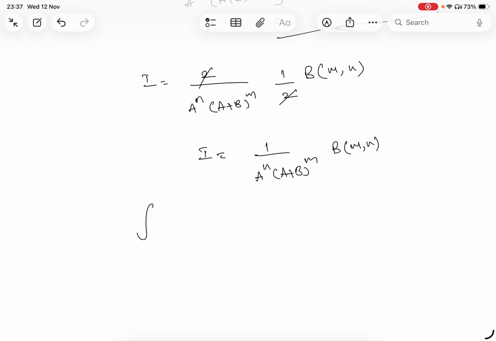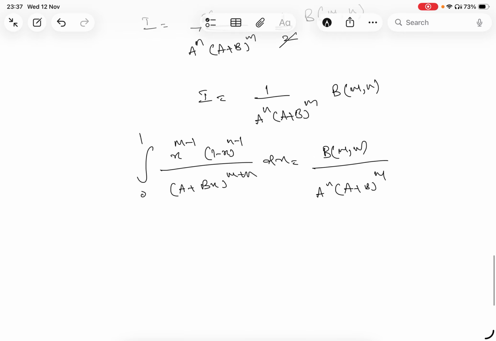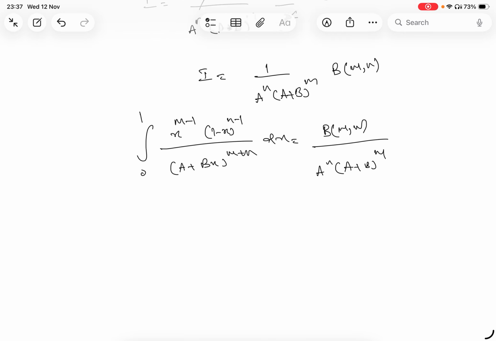So this is integral 0 to 1 x power m minus 1 into 1 minus x whole power n minus 1 by a plus bx whole power m plus n dx is beta function of m comma n by a power n into a plus b whole power m, right? I mean, you can write it in the other form. Let's consider a plus b as c, then b is c minus a, right?